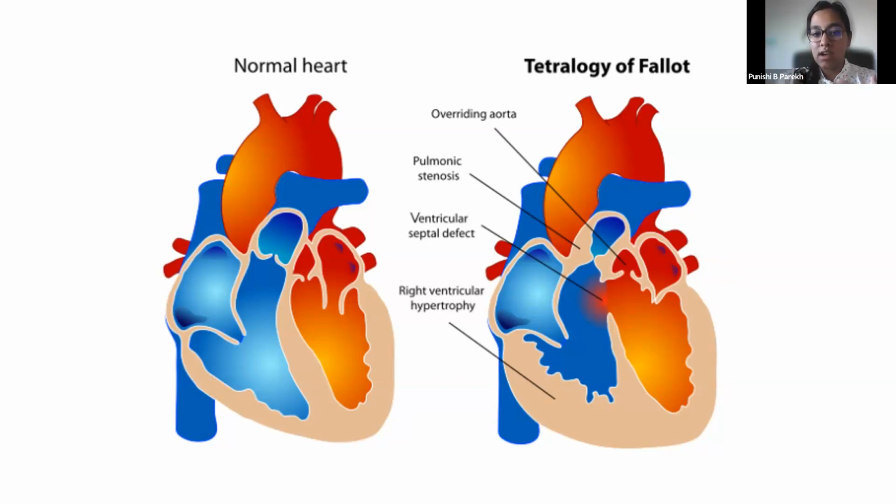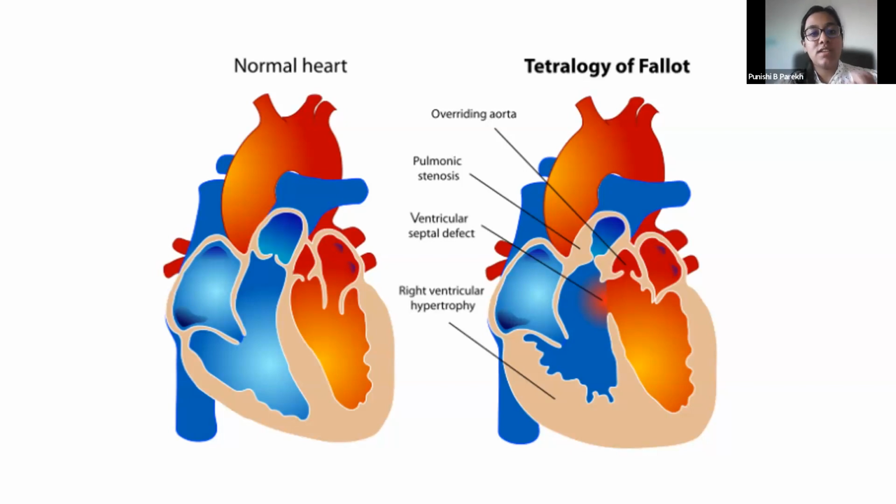So the aorta now gets desaturated blood that does not have a chance to go to the pulmonary artery for oxygenation. As a result, you see cyanosis in a case of TOF. So cyanosis happens because you have shunting of deoxygenated blood from the right ventricle into the left ventricle via the VSD, and that same blood is now entering the aorta and the systemic circulation.